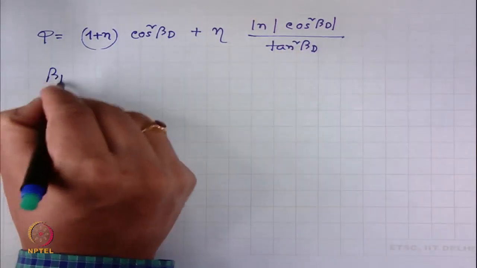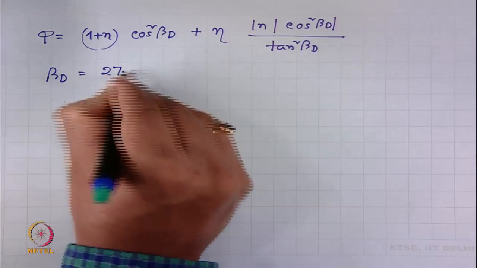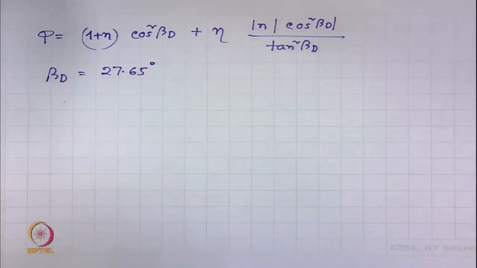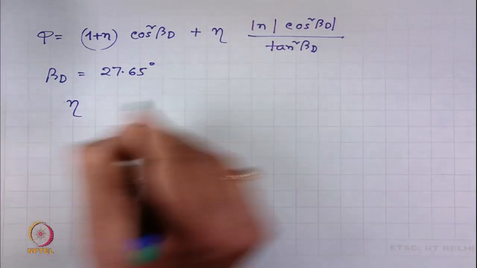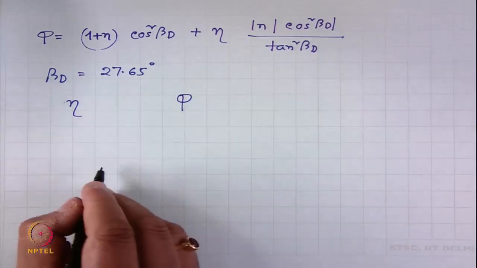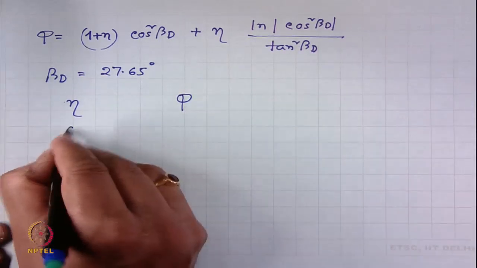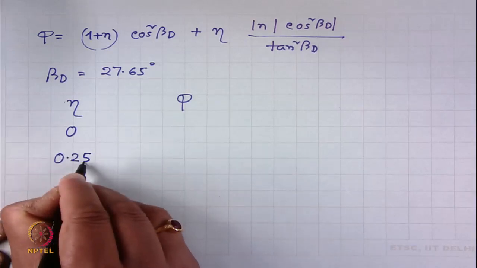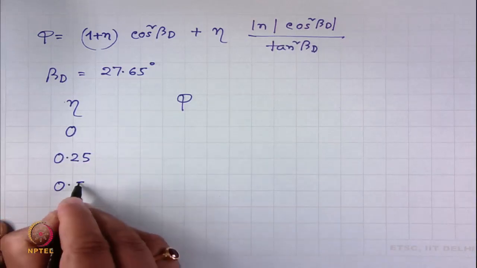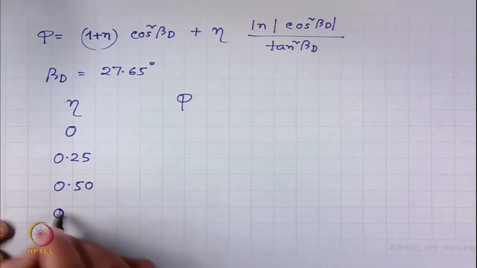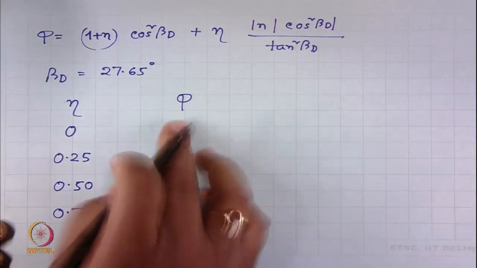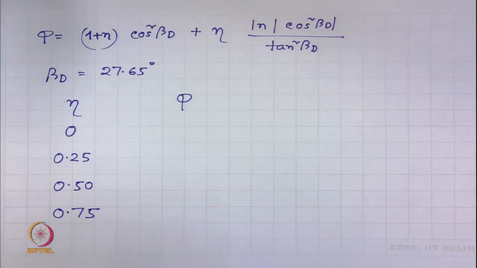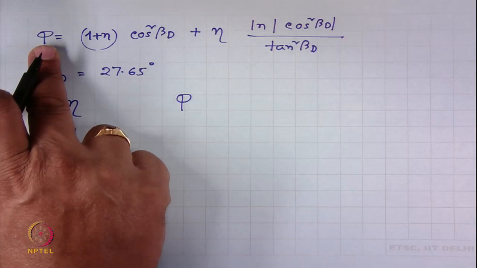Beta d you obtain as 27.65 degree. So, you need to find this for eta 0, second is 0.25, third is 0.50 and fourth is 0.75. So, you need to find out 4 values of phi, the tensile force utilization coefficient in yarn.